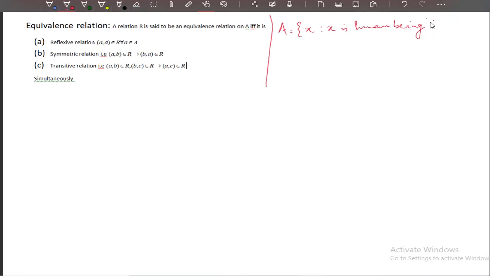Now we are defining a relation R, (x, y), where x and y are friends.